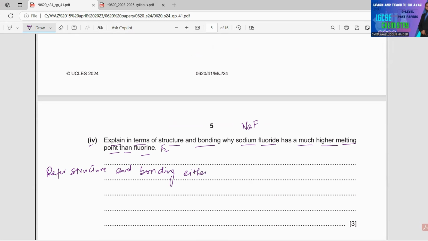For example, if you are referring to NaF, what are you going to write for the structure? It's giant ionic lattice.